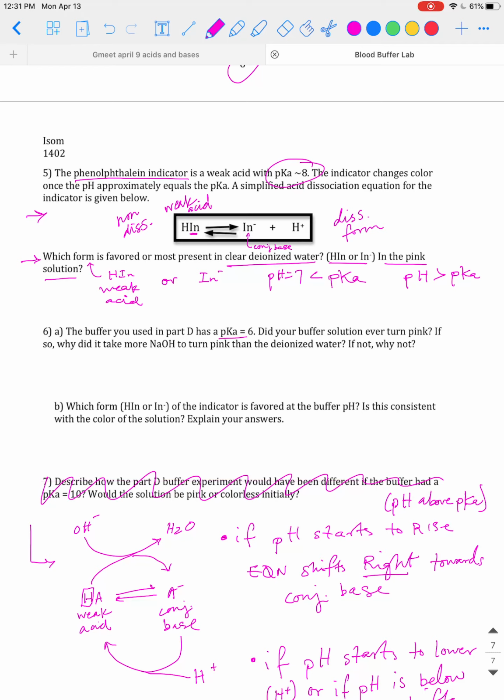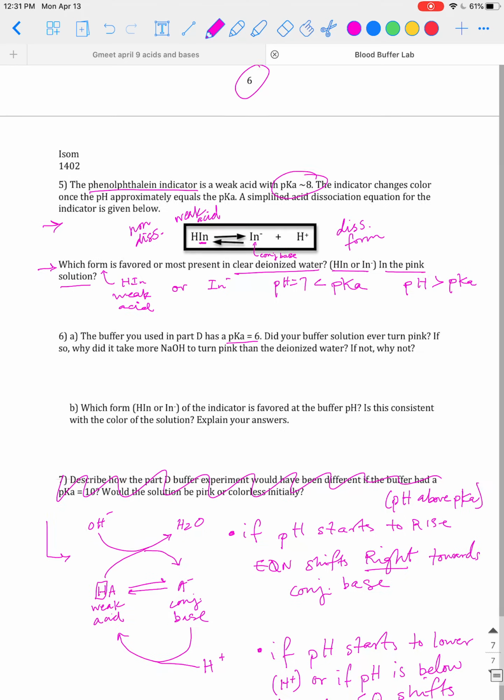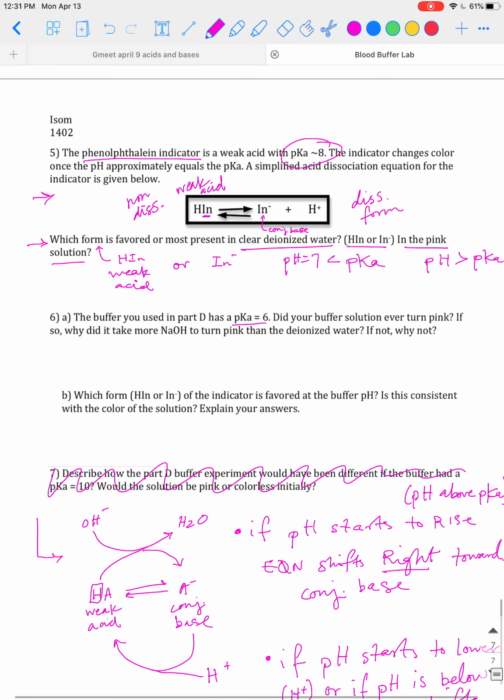Question 6 says the buffer used in part D has a pKa of 6. Did your buffer solution ever turn pink? If so, why did it take more NaOH to turn pink than the deionized water? If not, why not? You need to think about how a buffer solution is different than just water. What do we have in a buffer solution that we don't have in pure water?